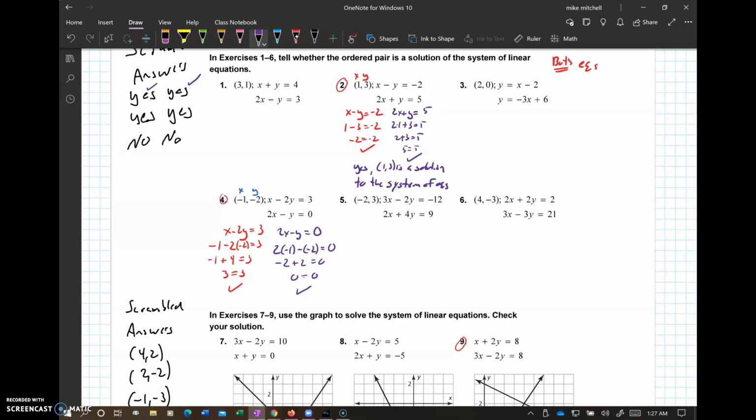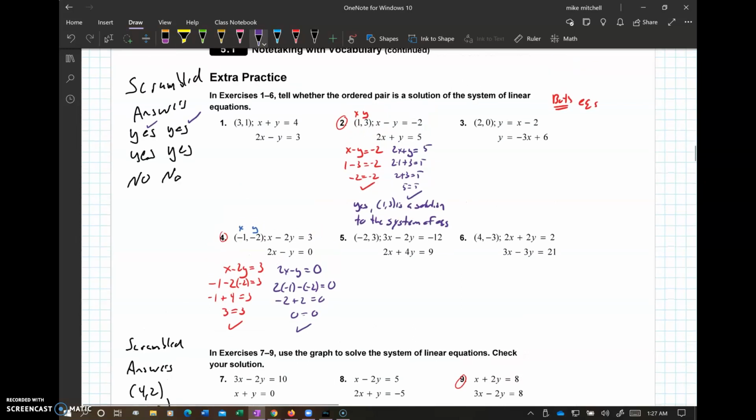There's another yes there. Would have liked to have checked a no one, but remember, for yes, it's got to be true in both equations. No, it's false in one or both. So if you get a not equals, it's not a solution.